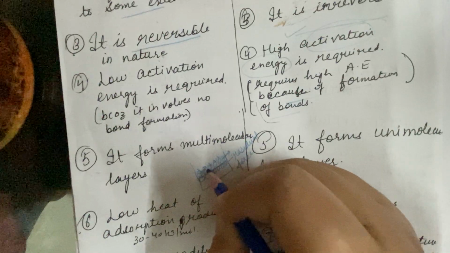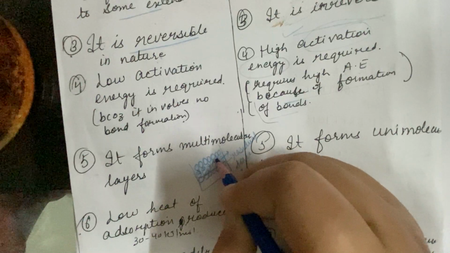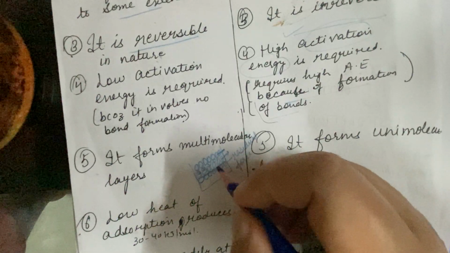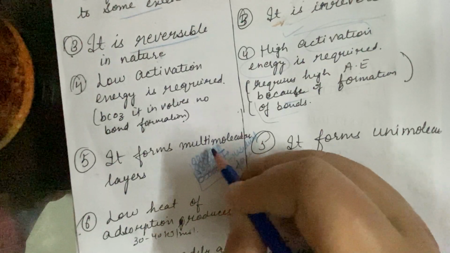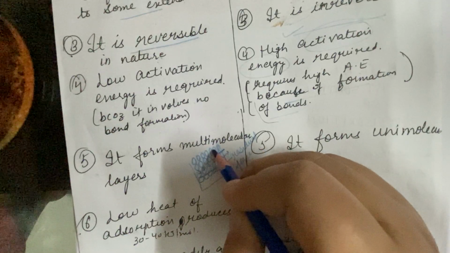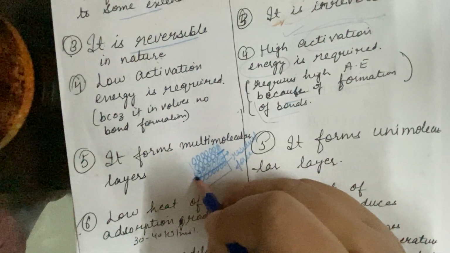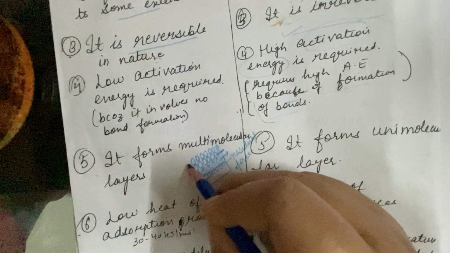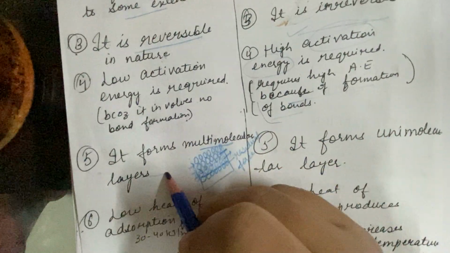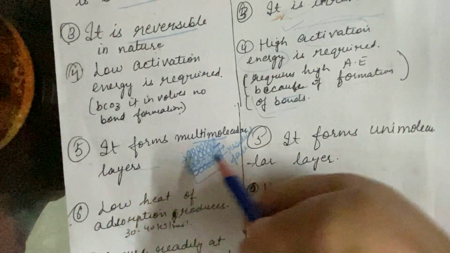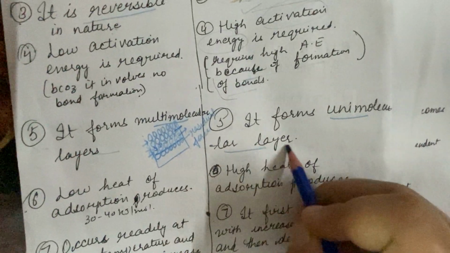When they do, they attract the next layer of particles. Now these come under tension, and in turn they attract more adsorbate particles over them. In this way we can see it is forming layers of molecules. So that is why we say physical adsorption is multimolecular. It forms multimolecular layers. But in case of chemisorption, a unimolecular layer is formed.